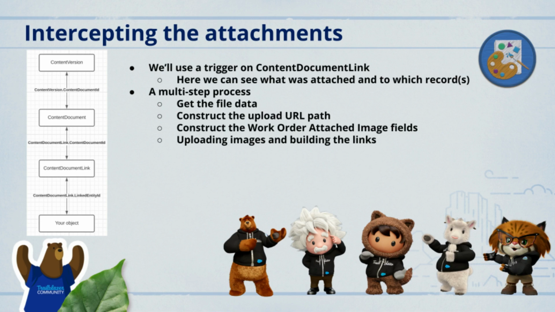So you could have multiple versions of the same file, particularly if you've got things that are evolving over time. And the content document object has a field called latest version ID, which points to the most recent copy of that. So it's a bit of a disjointed, split out model. But the one we really want to know about is the content document link. That's the bridge between what's been uploaded and where it's been uploaded to.